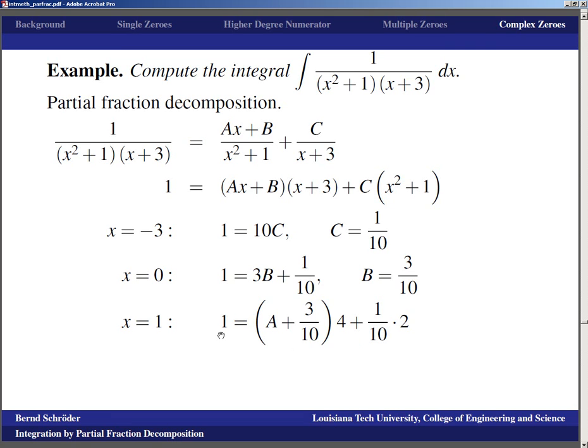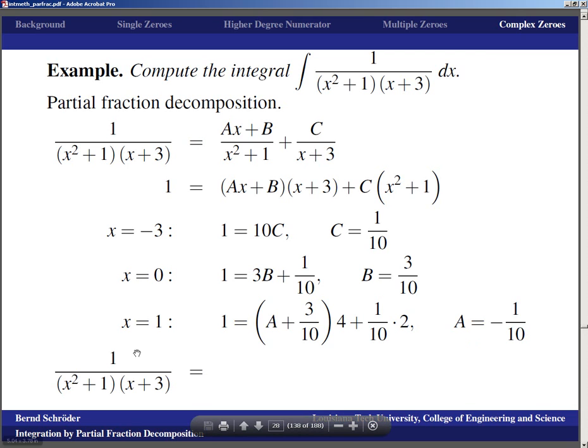A should be negative 4/10. Oops. Let's see what I did wrong here. 4a is negative 4/10, because the 4 also acts on the a. And so then when you divide the 4/10 by 4, you get a equals negative 1/10. Yep, works out perfectly fine.